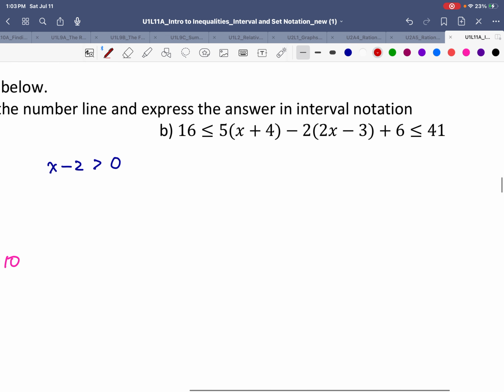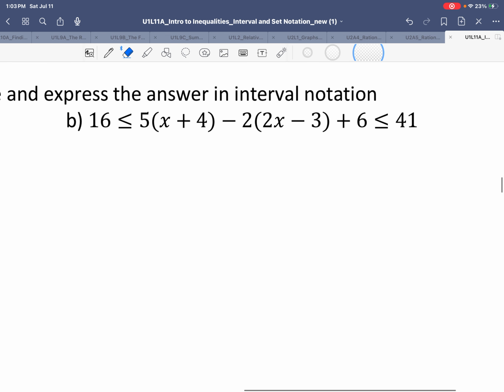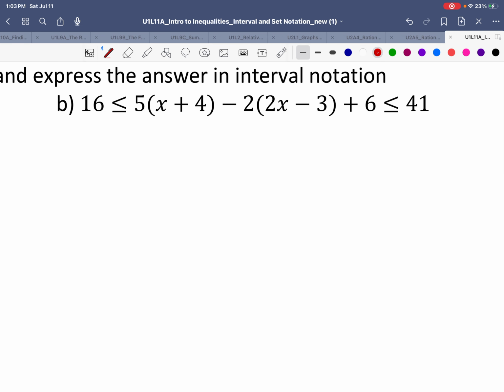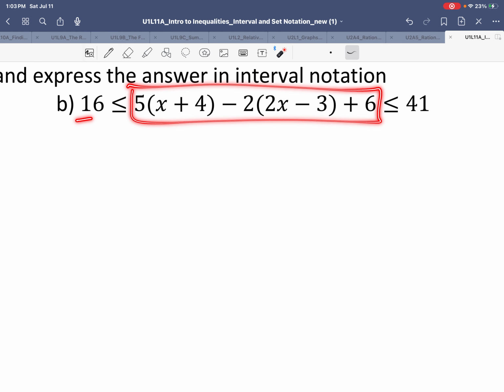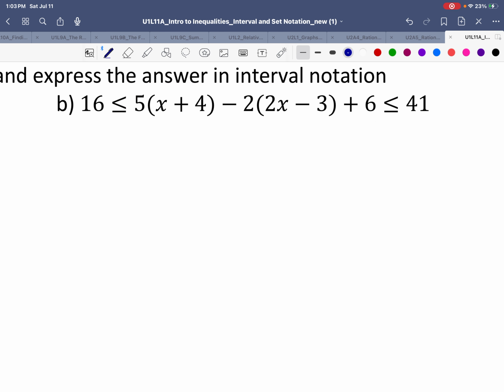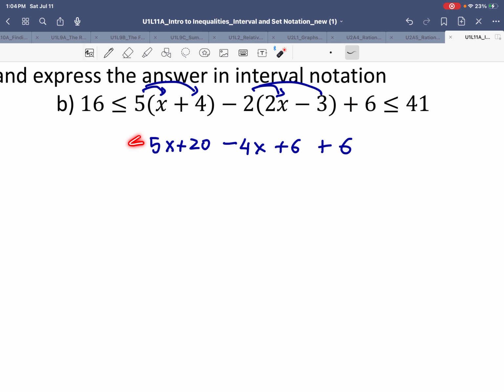Now, in the next question, you have another example. I encourage you to do this on your own. I will continue to solve this in the meantime. So again, we have the same idea here. We have the middle part that is carrying the variable, and on the sides, we have just constants. So 5x plus 20 minus 4x plus 6, and we have the left and right sides, which are 16 and 41.